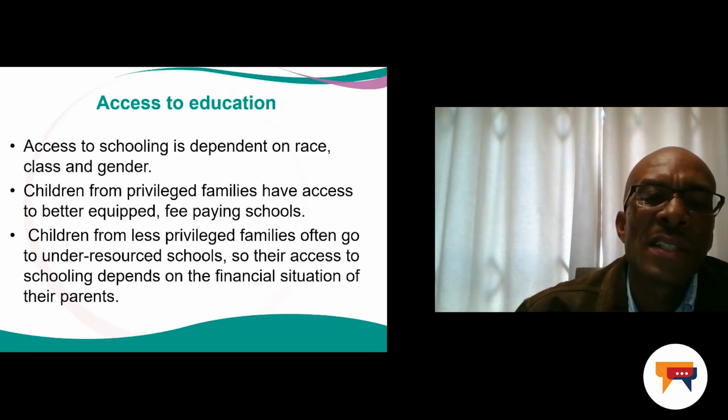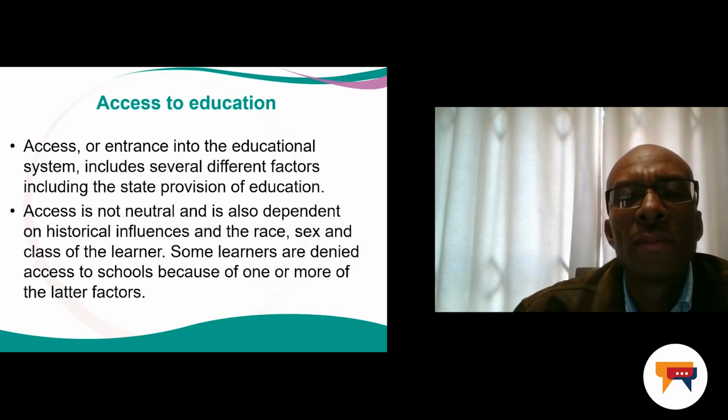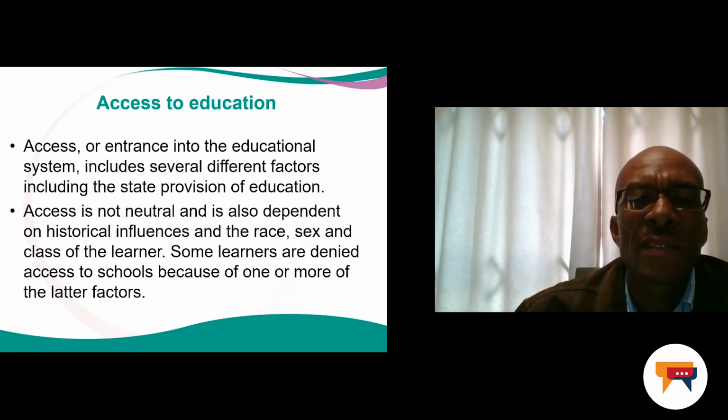Whereas on the other hand, children from less privileged families often go to under-resourced schools. So their access to schooling depends on the financial situation of their parents. Access into educational systems includes several different factors, such as the state provision of education. So access is not neutral.